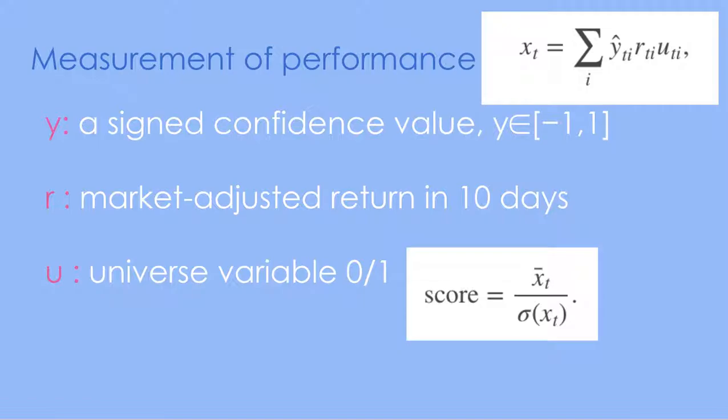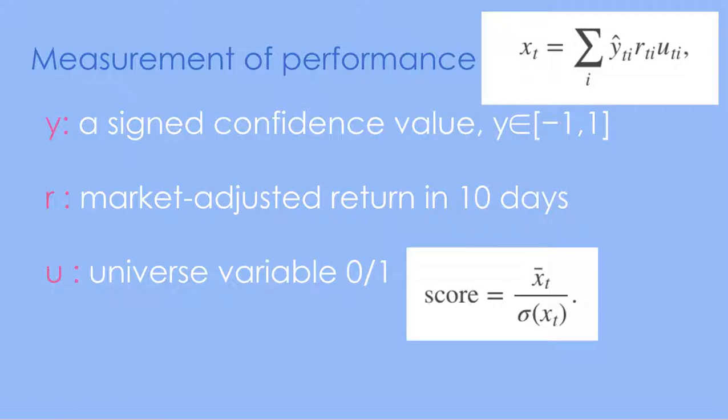If we expect a stock to have a large negative return, we will assign it a negative confidence value near -1. If we are unsure about this, we will assign it a value near 0.